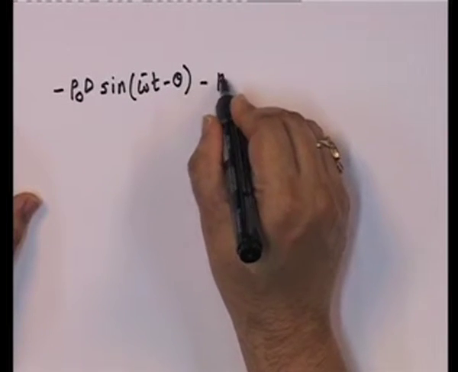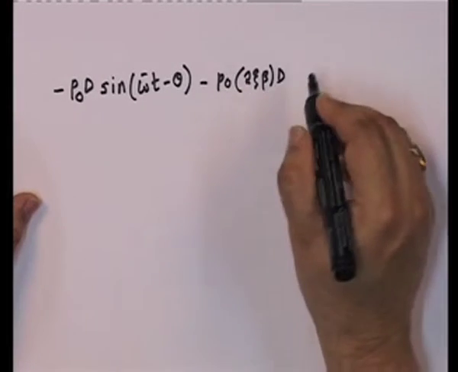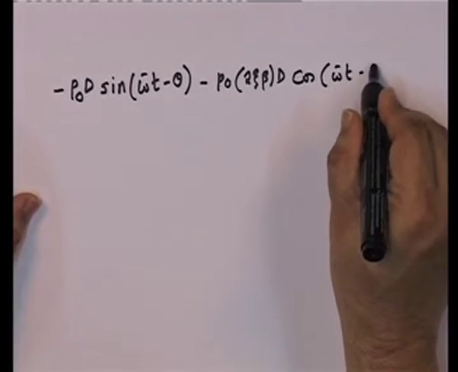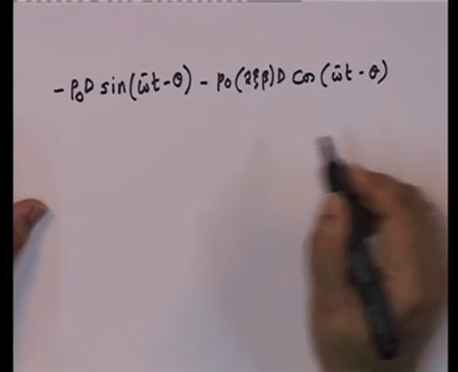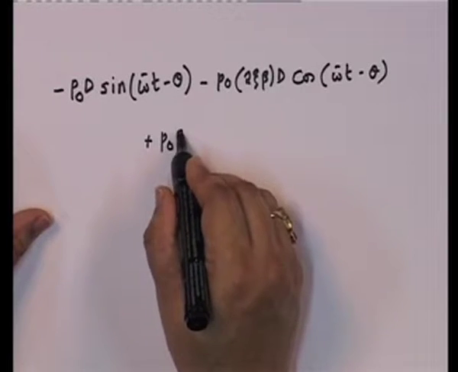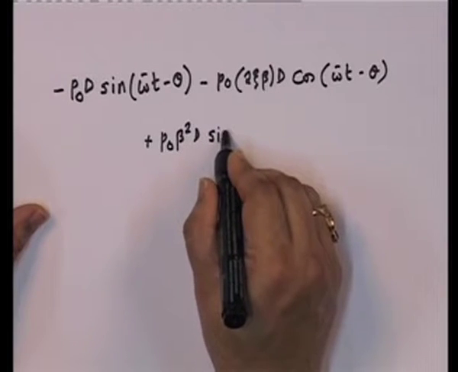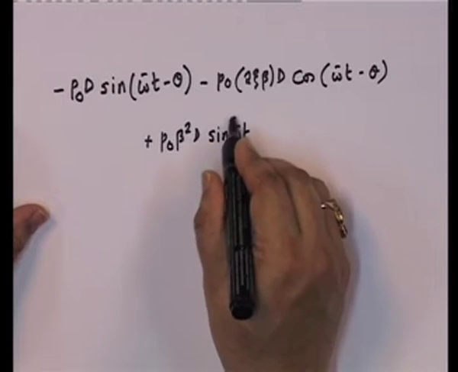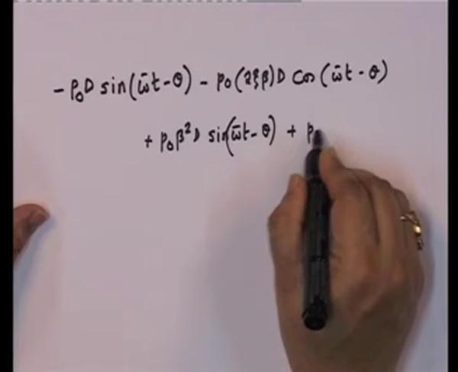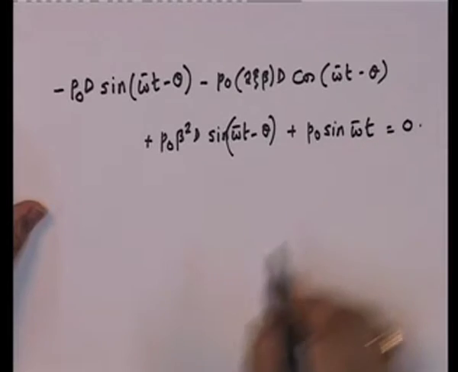minus P naught into 2 xi beta into d cosine of omega bar t minus theta. Okay. Then we have plus P naught beta squared d sine omega bar t minus theta plus P naught sine omega bar t is equal to 0.